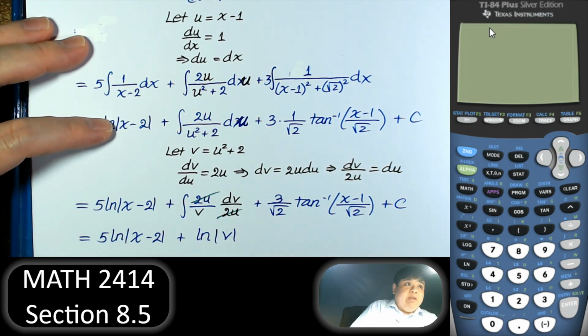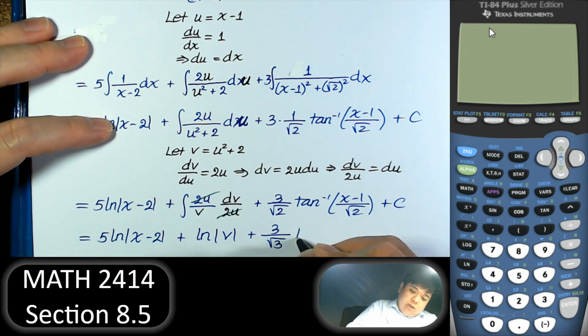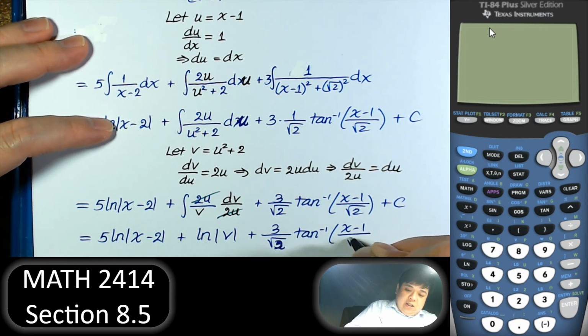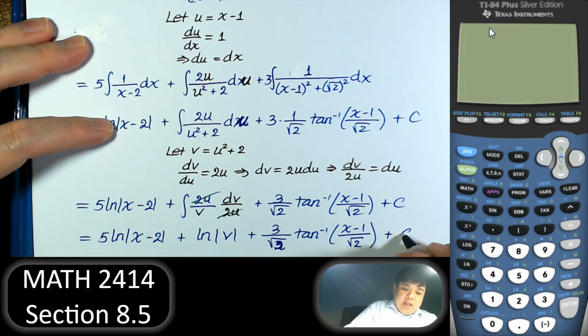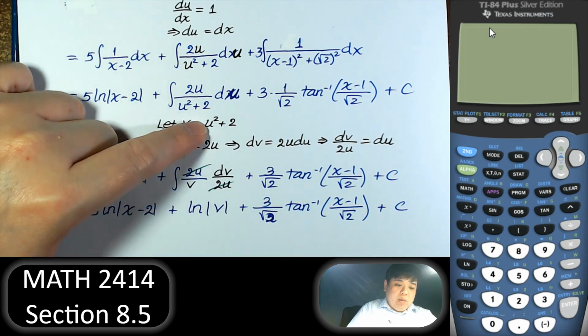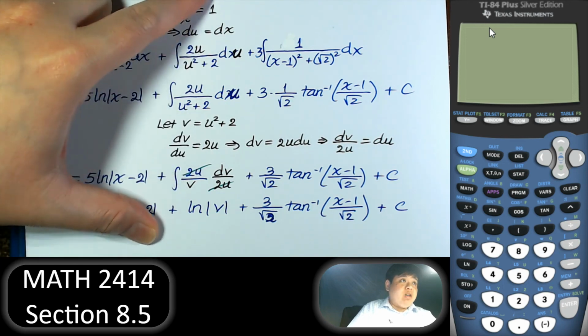Ln of absolute value of v plus 3 over square root of 2 tangent inverse of x minus 1 over square root of 2 plus c. And finally v is u squared plus 2 and u is x minus 1.